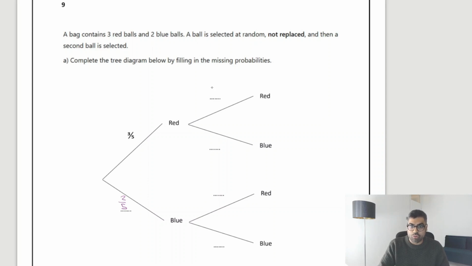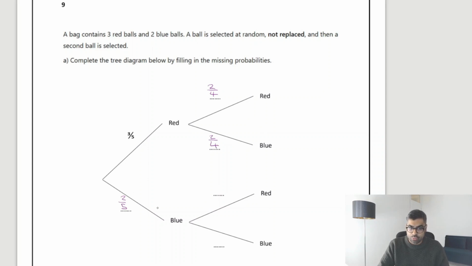We now have 2 red balls, and our probability is going to be 2 over 4 balls that we have in total. Then doing the branch for blue for the second pick, well, we picked a red. That doesn't affect the amount of blue balls we have. We still have our 2 blue balls. So we're going to put 2 over 4. And again, 2 over 4 plus 2 over 4 gives us 1.